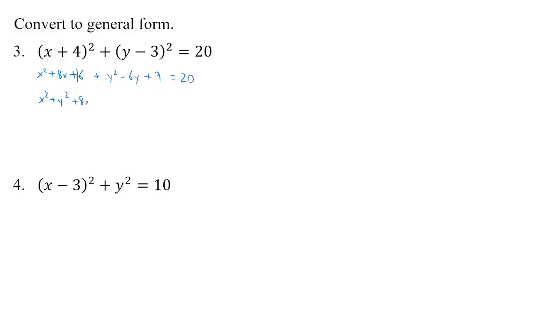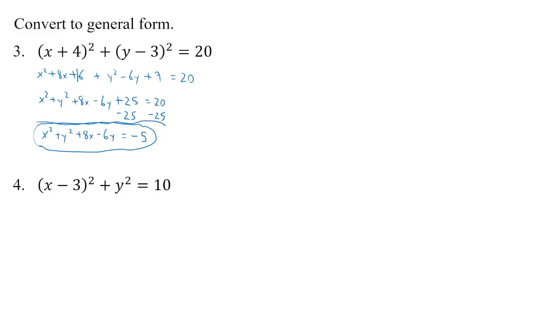We put our linear terms next to each other. And then we add 16 and 9, which will give you 25. Finally, we subtract 25 from both sides, and you will have x squared plus y squared plus 8x minus 6y equal negative 5. Therefore, this is the general form.